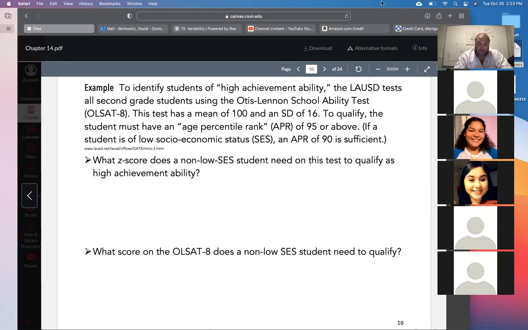To qualify, the student must have an age percentile rank, an APR, of 95 or above. If a student is of low socioeconomic status, an APR of 90 is sufficient. So what Z-score does a non-low SES student need on this test to qualify as high achievement ability?